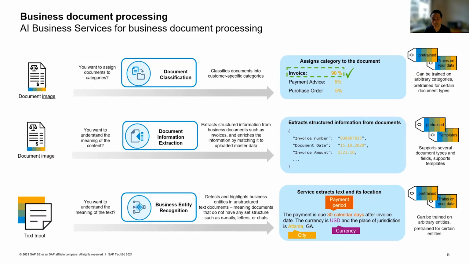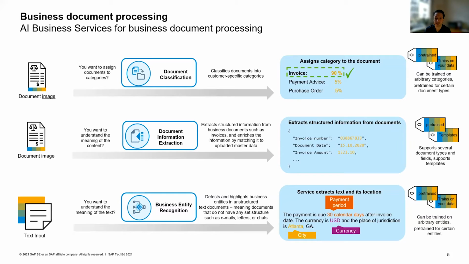The last service in the portfolio is business entity recognition. This service takes text as input, such as, for example, an email body, and can detect any type of named entity. An example shows 3 potential examples of such business entities that can be extracted from a given text.